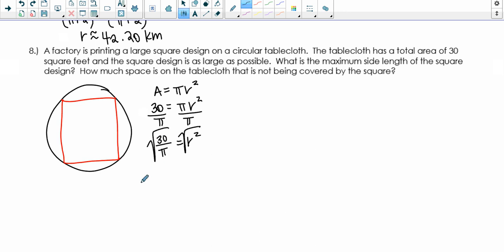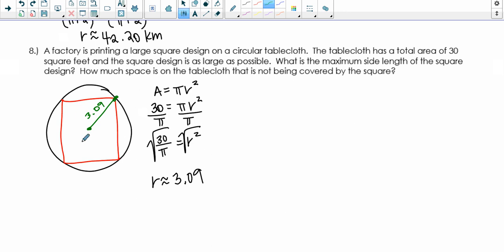So the square root of 30 divided by pi is about 3.09. Okay, so why did I do that? Well, if you think about it, the question is saying, what is the maximum side length of the square design? So I just found my radius. You guys, you can draw a radius anywhere in the circle. I'm going to choose to draw it right here because now I know that this is 3.09.